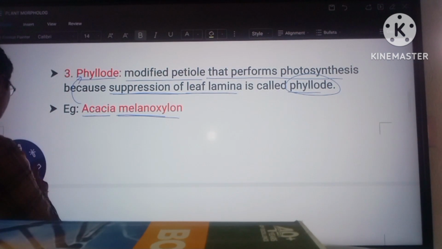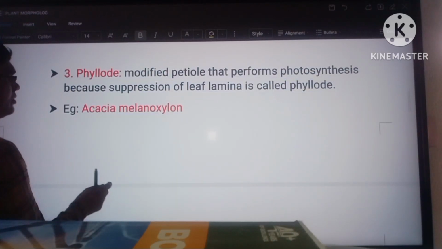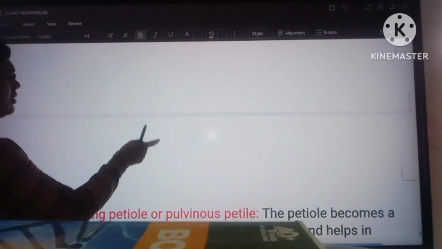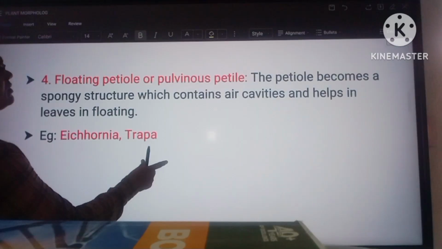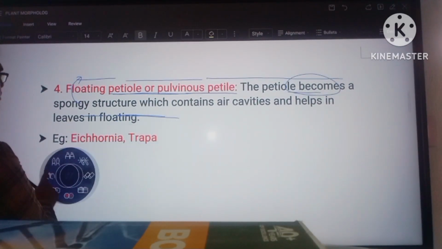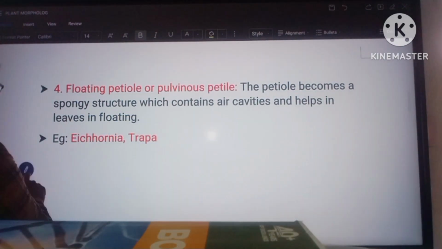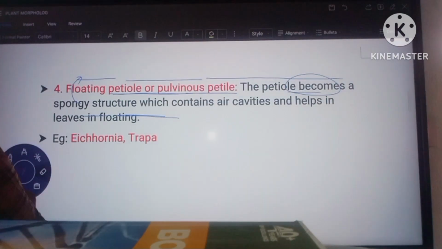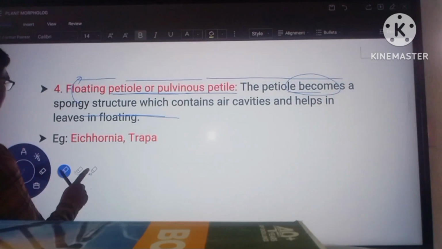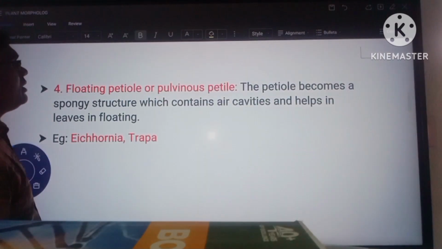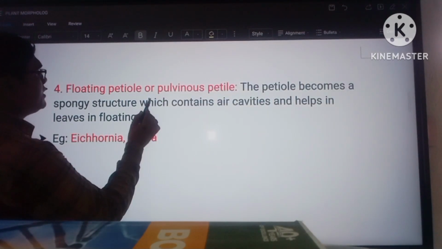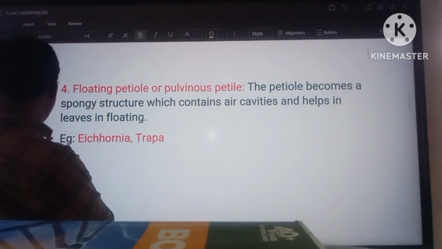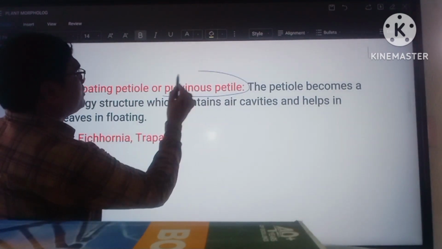The last type of petiole is called the floating petiole, also called the fulvinous petiole.